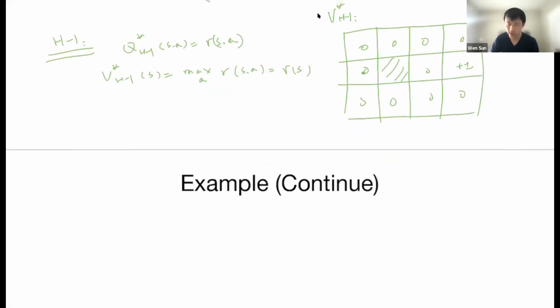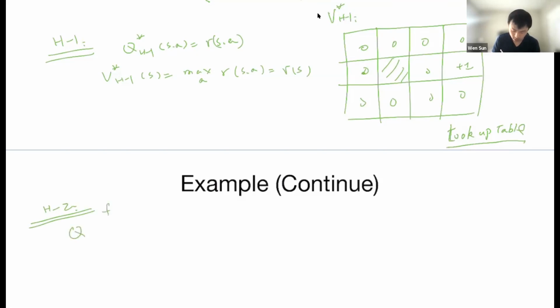Now we have this lookup table, a table that we already computed. Let's see how we can use this lookup table to compute a table at capital H minus 2. So now at H minus 2, I want to compute the value.